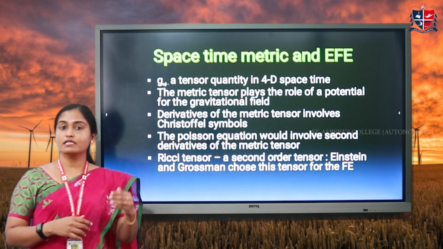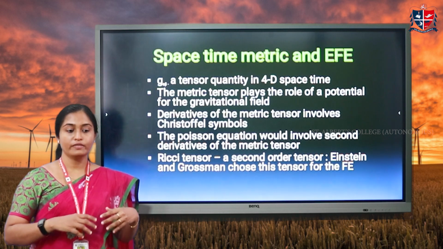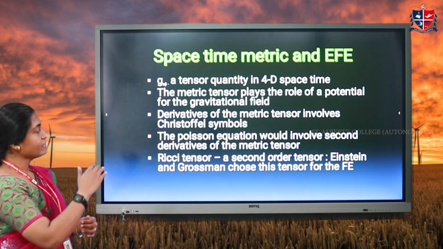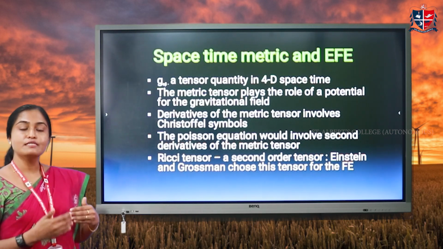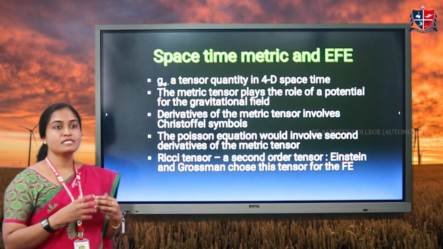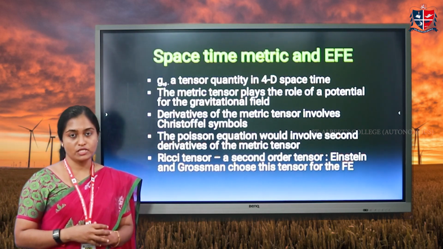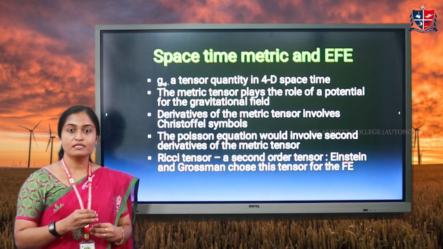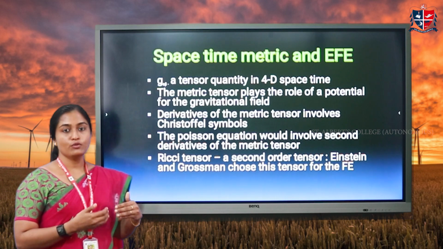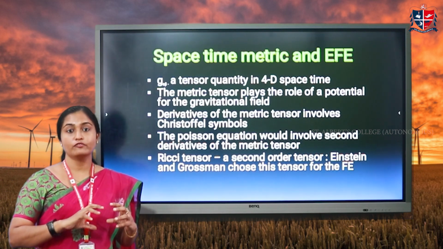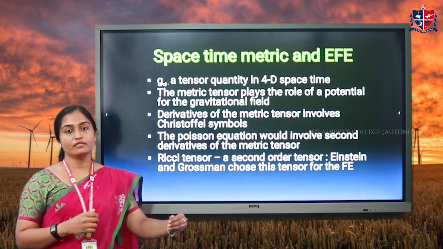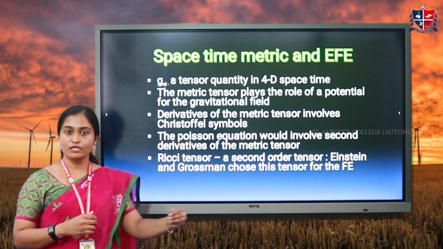We know that the first derivative of the potential will represent force. The derivative of a metric tensor involves Christoffel symbols. Now we can have an equation similar to the Poisson equation, and the Poisson equation involves the second derivatives. When we modify the Poisson equation in GR, on the right-hand side you can have the stress-energy tensor, which is a second order tensor.